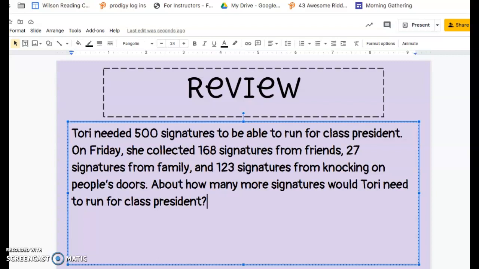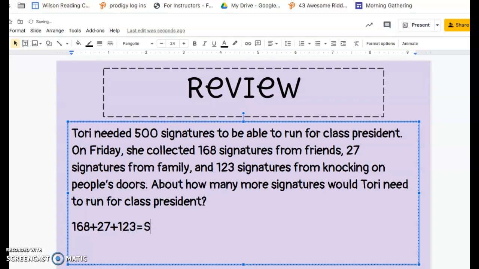All right, fourth graders, let's go over this problem together. So I know she needs 500 signatures in all, and I have to find out how many she has left. So my first step would be to figure out, well, how many signatures did she get so far? To do that, I know she got 168 on Friday, she got 27 from her family, and she got 123 from knocking on people's doors.